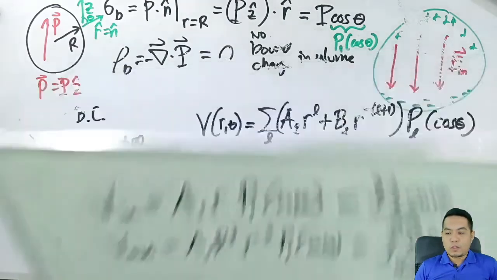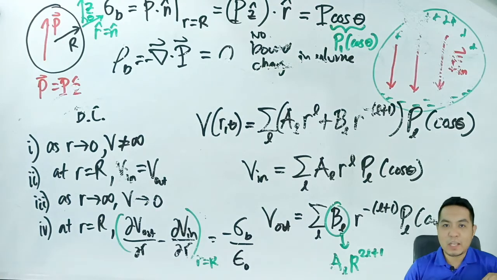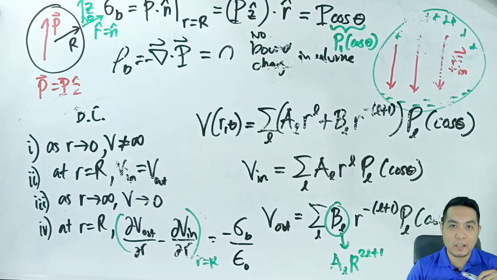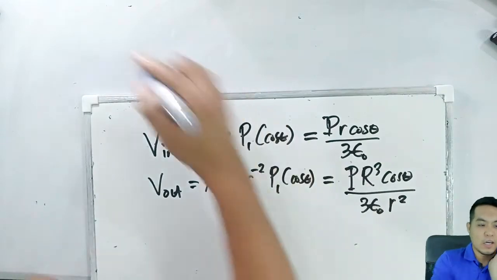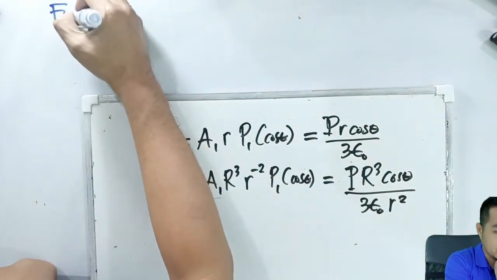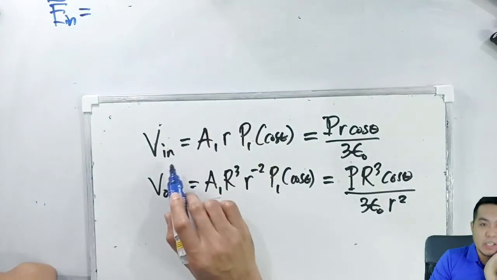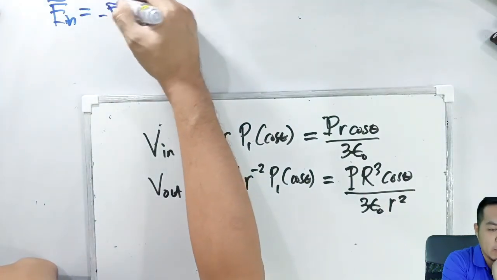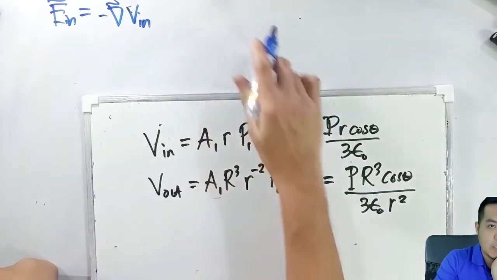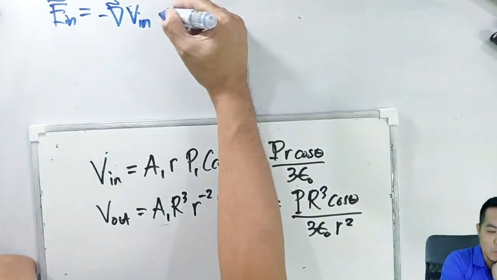Now, what we are asked in the problem is actually the electric field everywhere, the electric field inside and the electric field outside. So to find the electric field inside, you take the negative gradient of the potential inside.